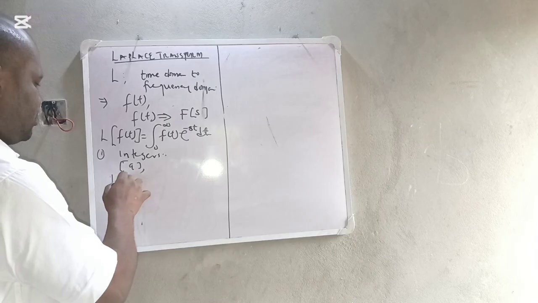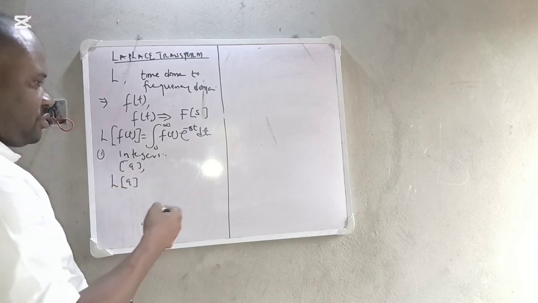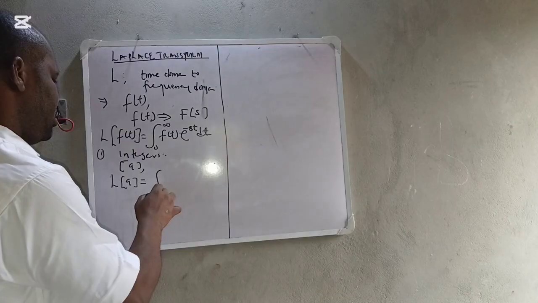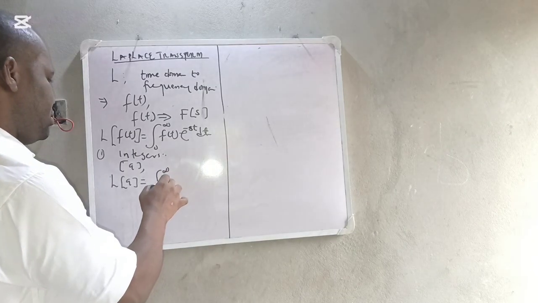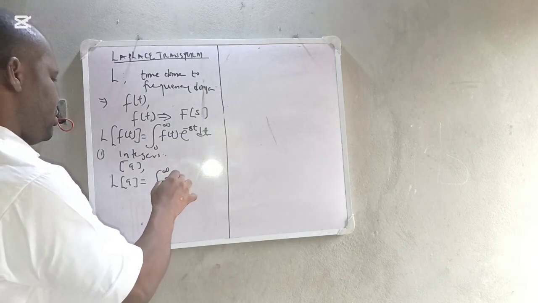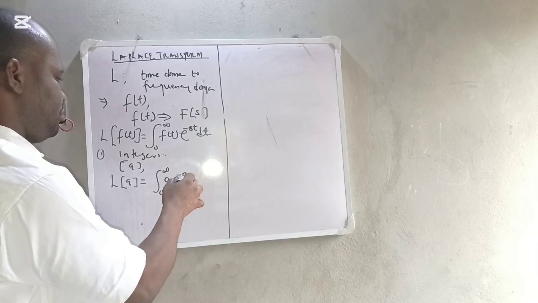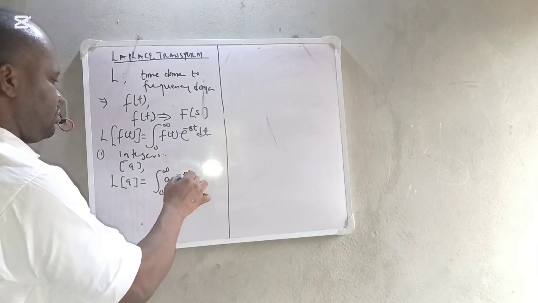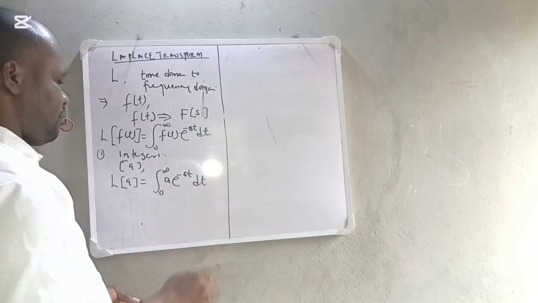So Laplace transform of a, and this a can be 2, 3, 4, is actually equal to the integral from 0 to infinity of a e to the minus st dt.